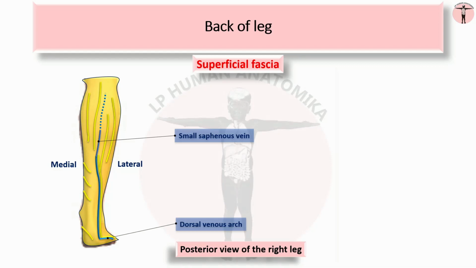It ascends behind the lateral malleolus along with the sural nerve and enters the back of the leg. It ascends along the lateral border of the tendocalcaneus and then runs in the middle of the back.